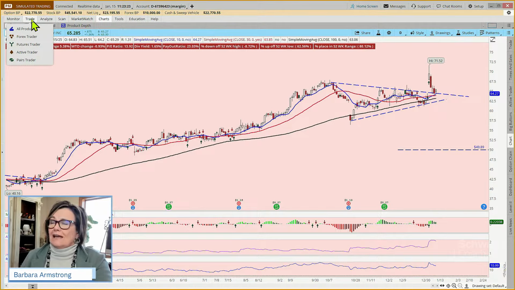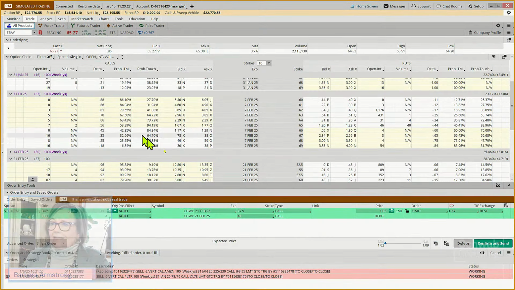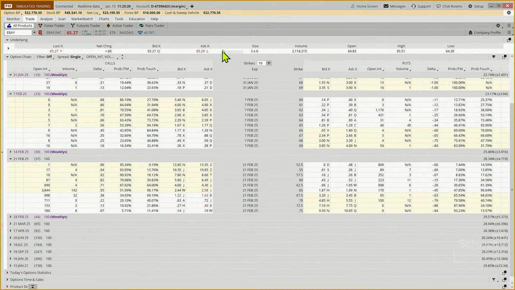Okay, so let's look at, first of all, an example trading plan. If we were to come out to February 21st, not that we plan on still being in the trade by February 21st, but if we bought this, this is one where we could buy a call.